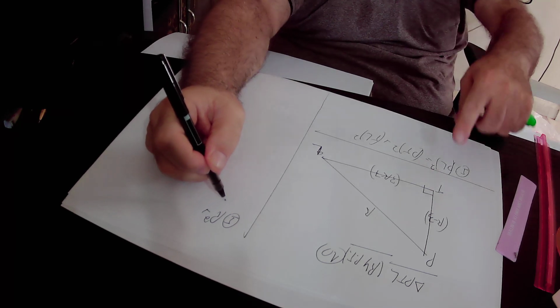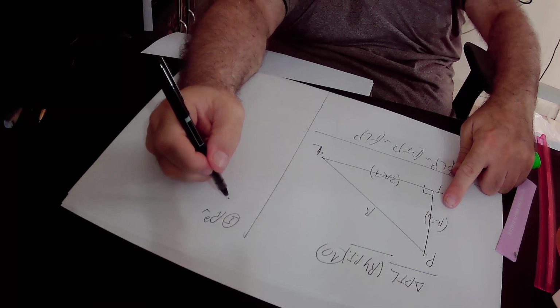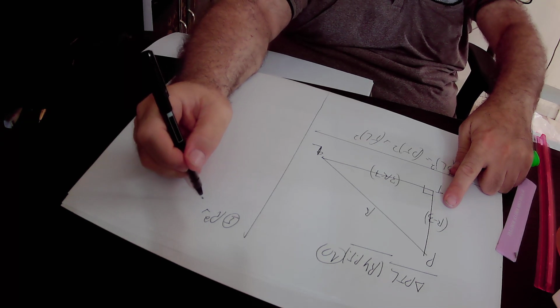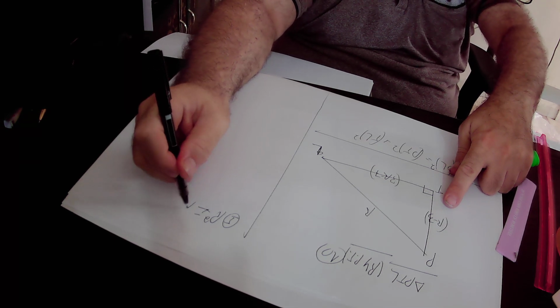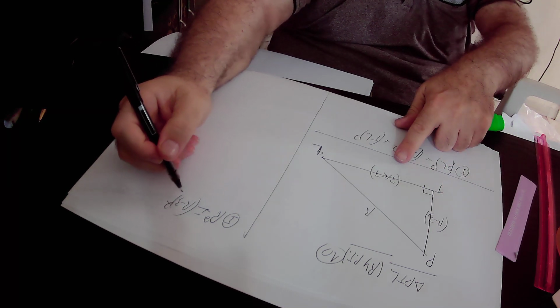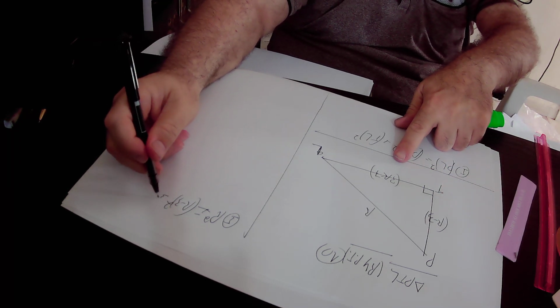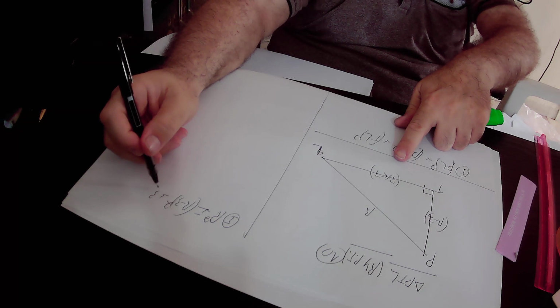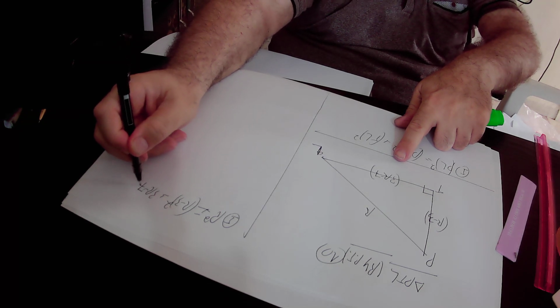PT equals R minus 3, therefore PT square is R minus 3 square, plus TL square. TL equals 3R minus 7, therefore TL square is 3R minus 7 square.